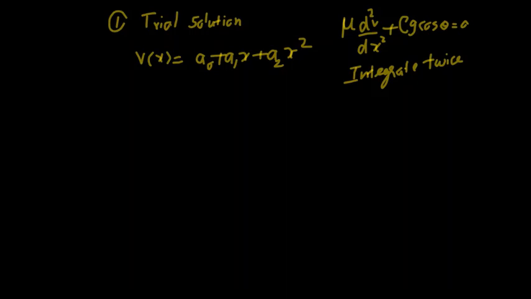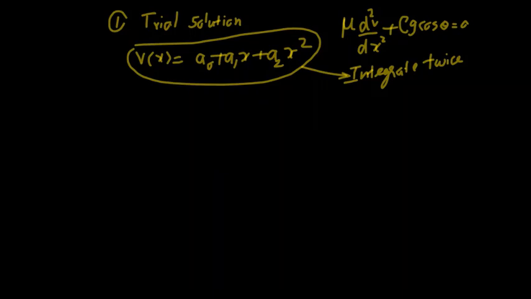The equation that you are going to get is v of x is equal to a0 plus a1x plus a2x squared.